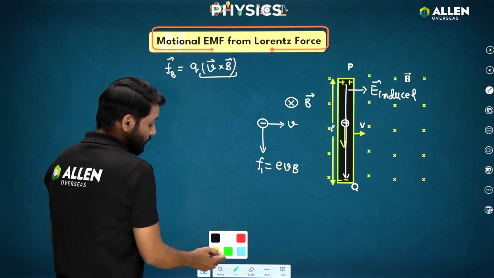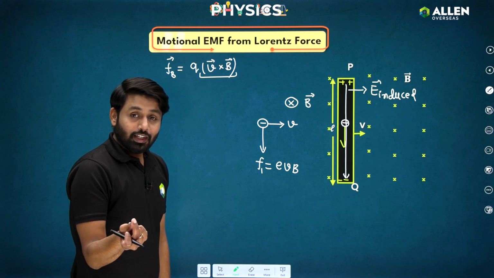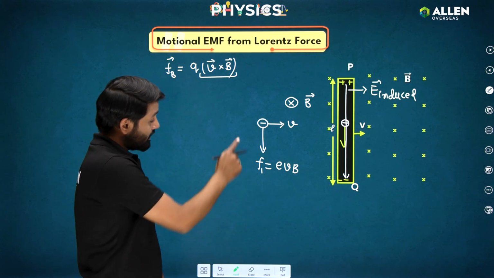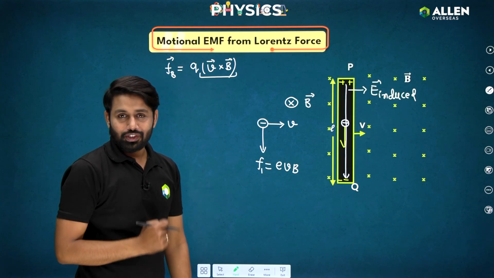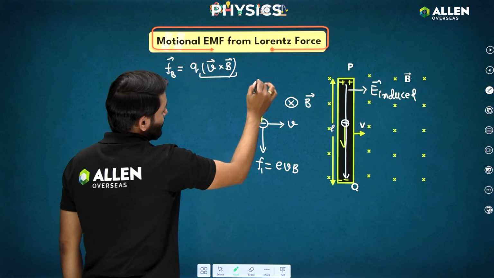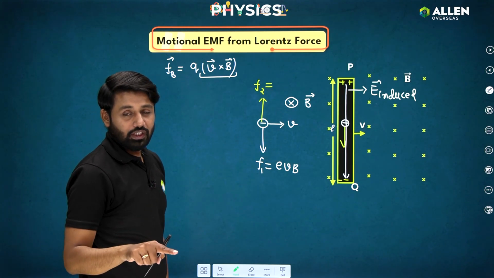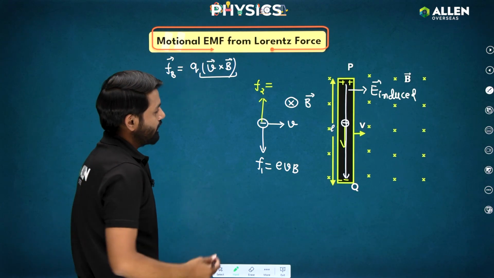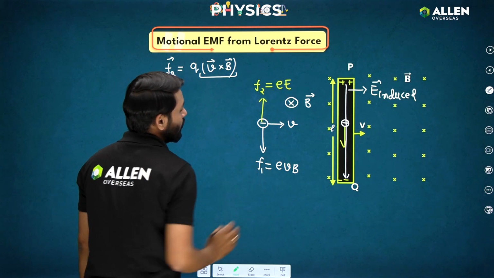That force is in the direction of the electric field on a positive charge. This is a negative charge, so on this negative charge the force will act opposite to the direction of the electric field. So the force will act in this direction. I am giving this the name F2 and the force formula is Q into E, charge into electric field. So the charge is e, the charge on the electron, and E is the magnitude of the electric field.